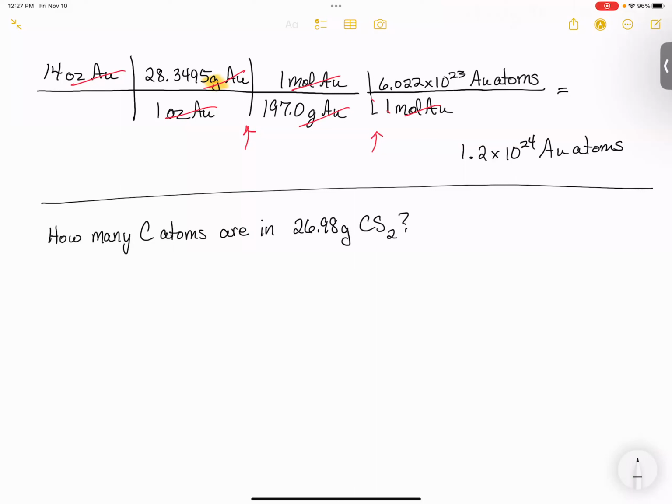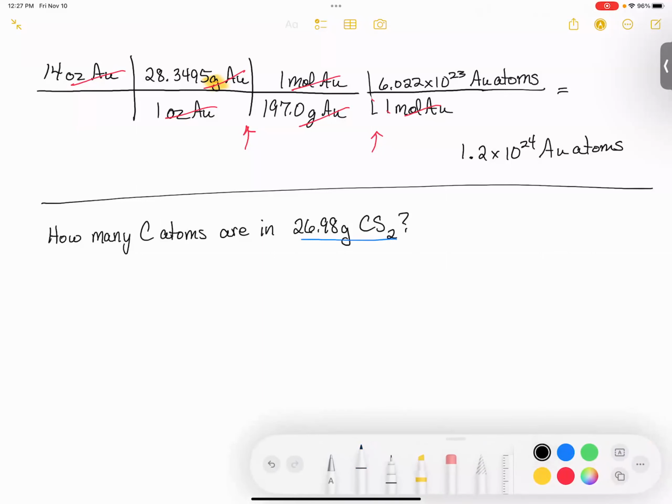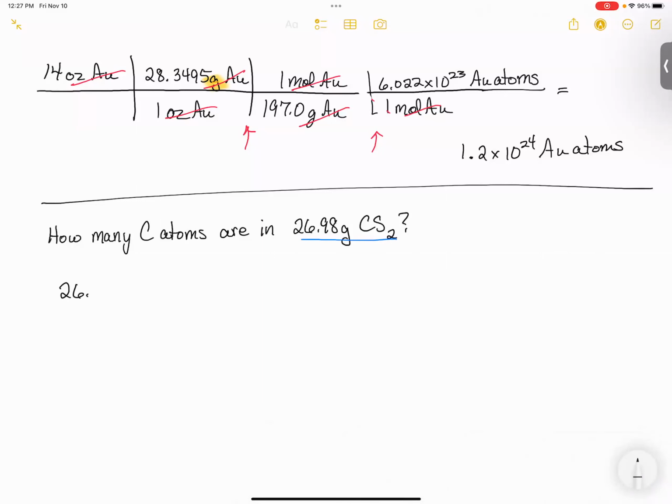How many carbon atoms are in 26.98 grams of carbon disulfide? Identify what you were given: 26.98 grams of carbon disulfide.